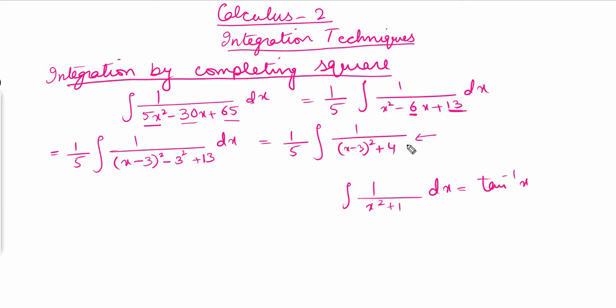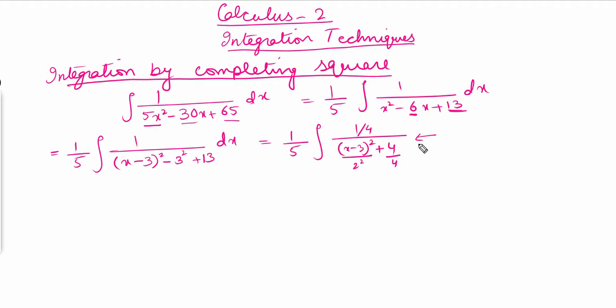So I have to convert this whole thing into this form. For that purpose I'm going to divide the numerator and denominator by 4. When I divide the numerator by 4, it will be over here, and when I divide the denominator by 4, it will be 4 by 4 divided by x minus 3 whole square over 4. So I can write this 4 as 2 square.